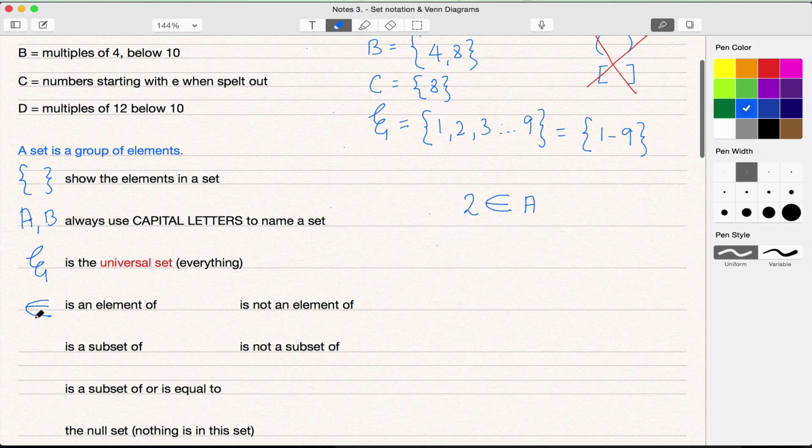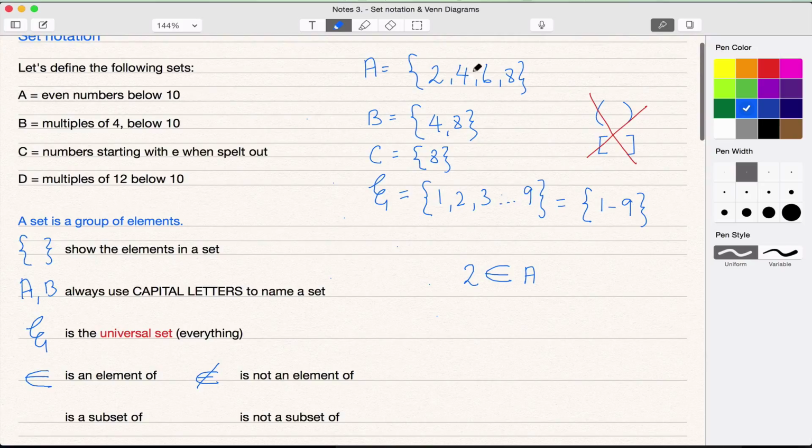If this is an element of, then is not an element of would look like this, just with a straight line through it. 5 is not an element of A.